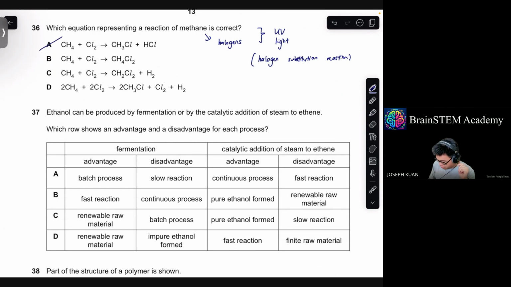This chlorine molecule, one of its atoms substitutes one of the hydrogen atoms, leading to the formation of this particular molecule. Then the remaining hydrogen reacts with the remaining chlorine to form hydrogen chloride. So the answer is A for 36.